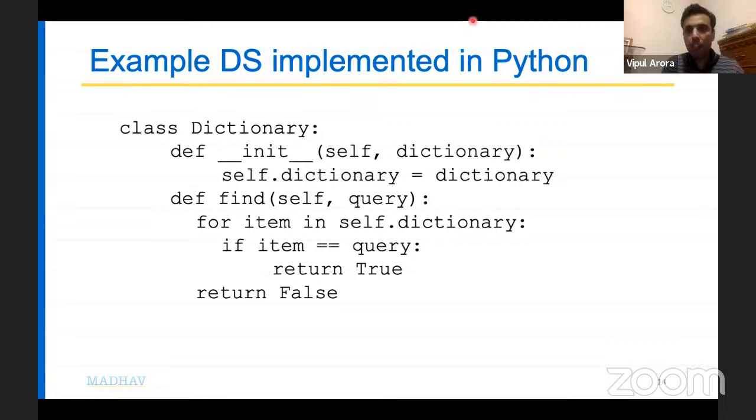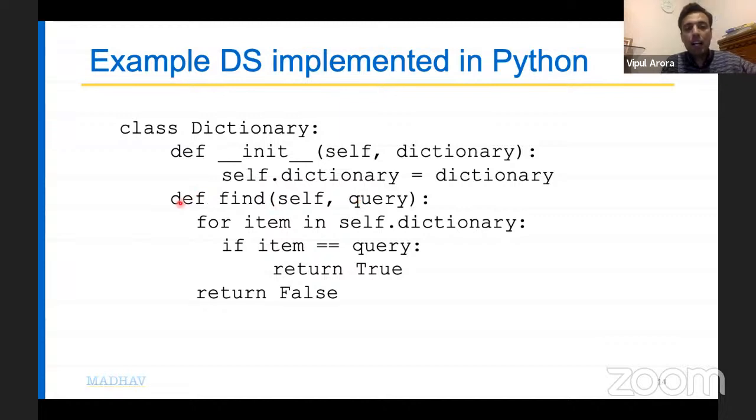Self. Okay. In Python, if you see those videos, when you define a class, you will always define your functions in which the first entry is self. It is just a syntax it has by default.